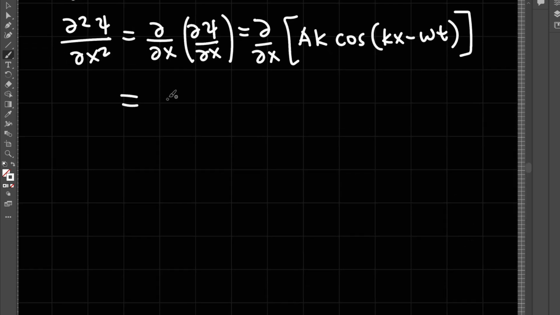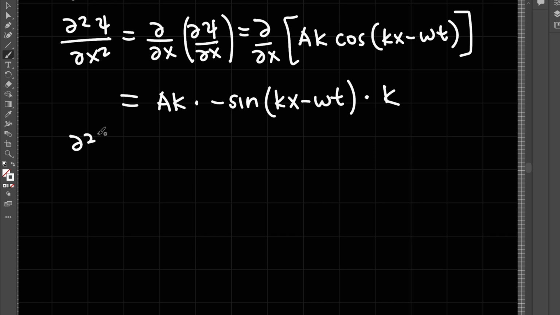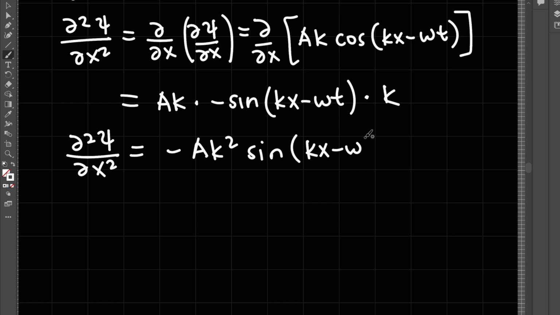And this is equal to Ak times negative sine of kx minus omega t times k. So the second order partial of psi with respect to x is equal to negative A k squared sine of kx minus omega t.